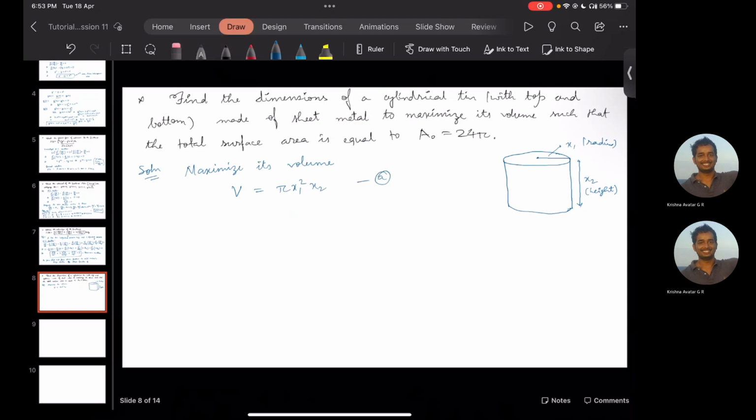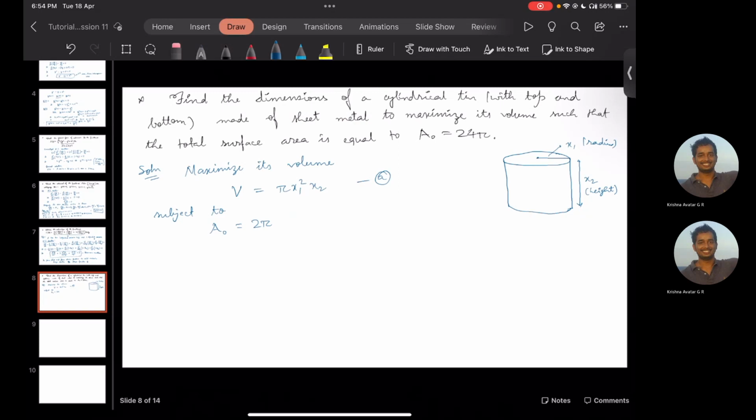This is an expression for the volume, and this is an optimizing problem, so we need to write it in the canonical form that we use for expressing a mathematical optimizing problem. Subject to the total surface area, which is given by 2 pi times the area of both disks, the top and bottom faces of the right circular cylinder.